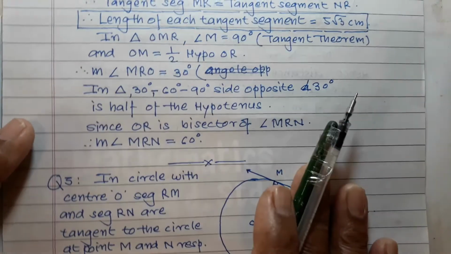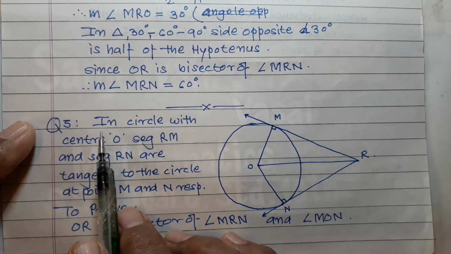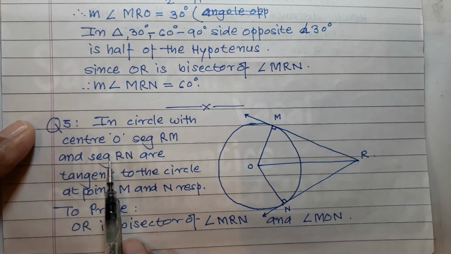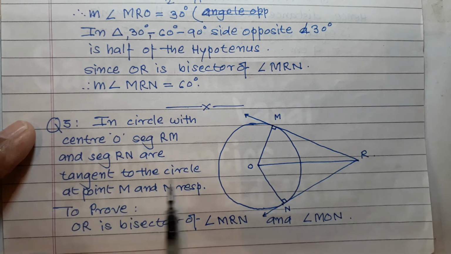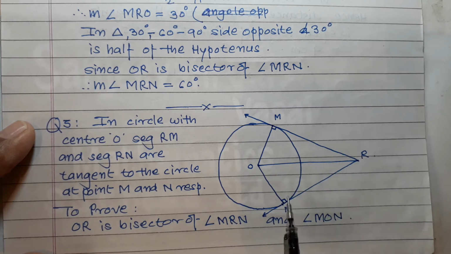Okay, then next question number 5. In a circle with center O, seg RM and seg RN are tangent to the circle at points M and N. To prove: OR is the bisector of angle MRN and the bisector of angle MON.